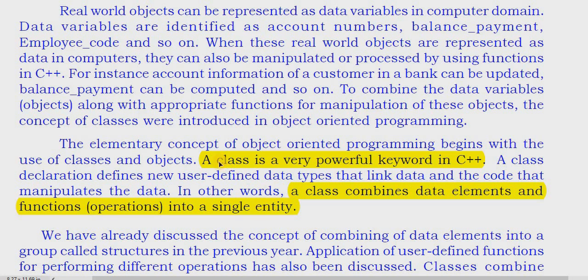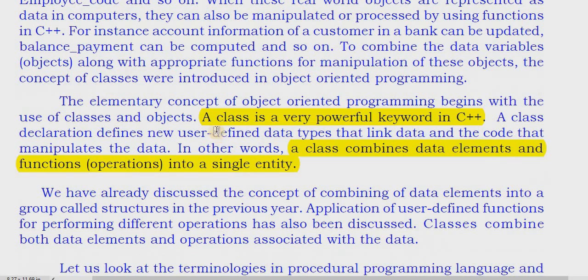Then see this point: class. This is also known as a keyword, because in C++ language class in small letters is a keyword. Keyword is also called a reserved word. Keyword or reserved word means the computer already knows the meaning of such words.